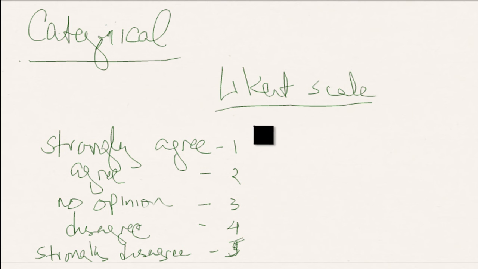So you may see data like this reported as mean 1.6, for example, and standard deviation, and I'm going to make this up right now, 0.4. So the problem here is that you use the mean and standard deviation.